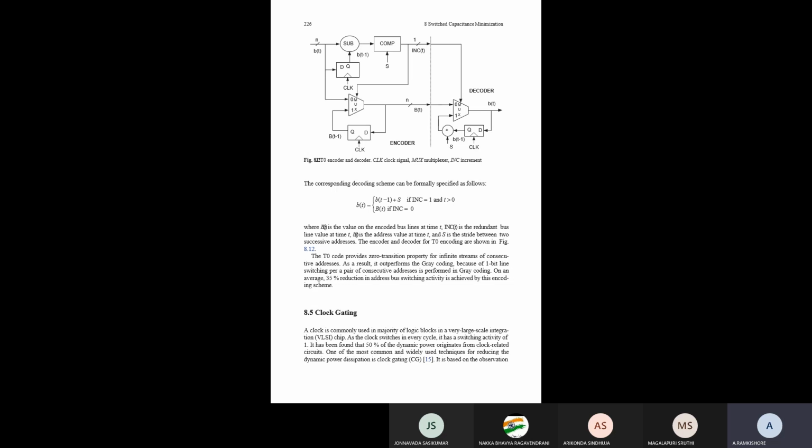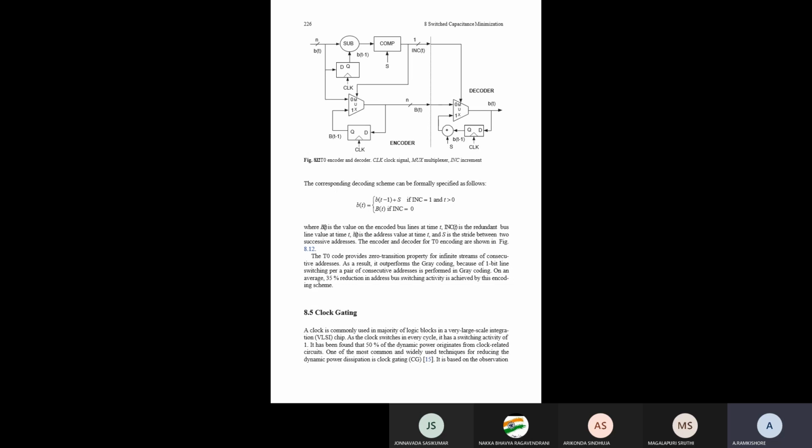One of the most common and widely used techniques for reducing the dynamic power dissipation is clock gating. So this is the most widely used technique to reduce the dynamic power dissipation of the circuit.